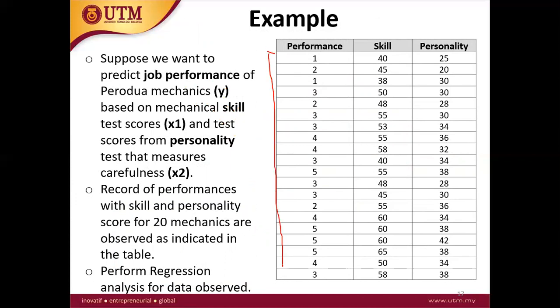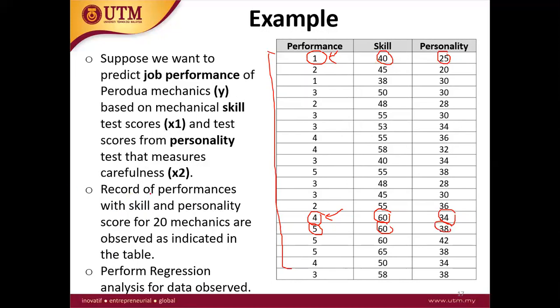The first staff has skill score test 40 and personality score test 25, and the performance is labeled as 1. Another has skill score 60 and personality score 34, with performance level 4, and level 5 for skill 60 and personality score 38.